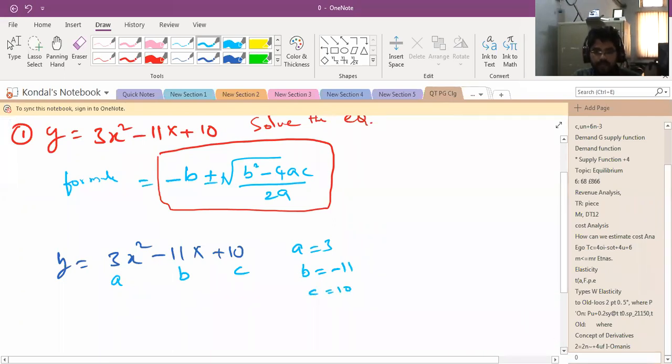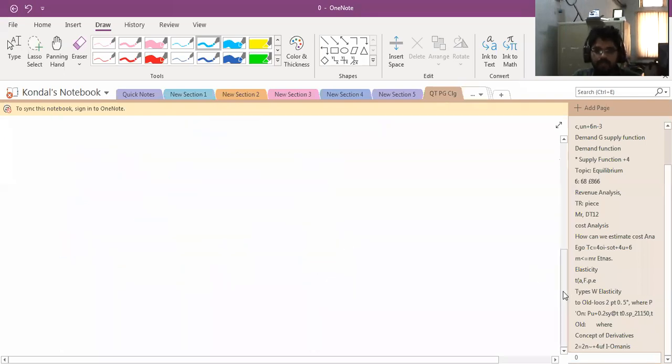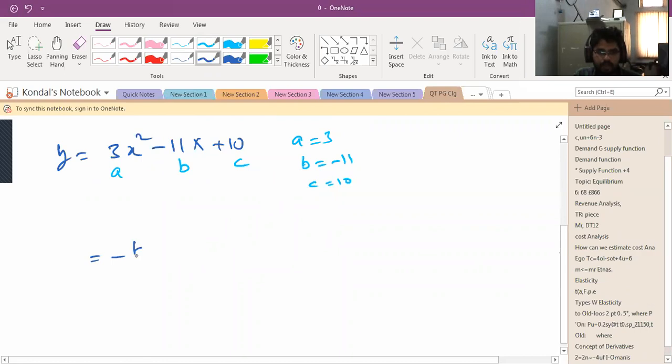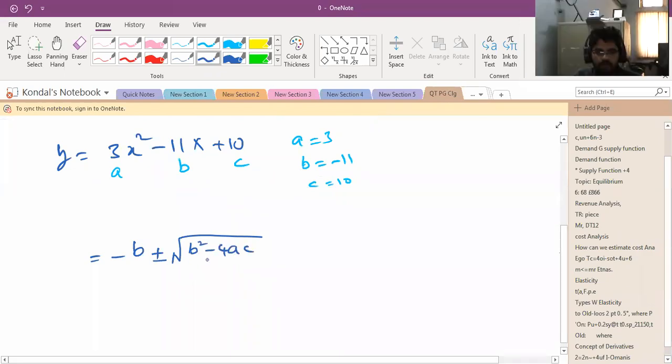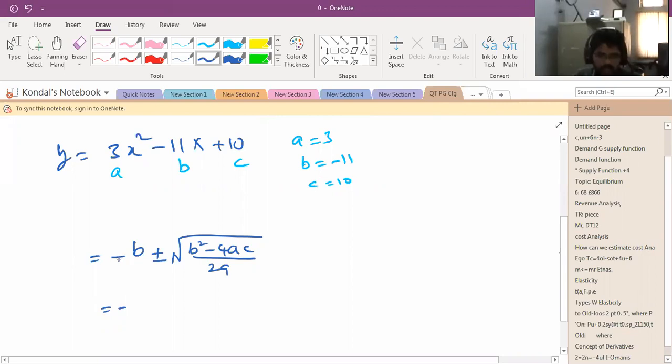So simple, I'm going to write the formula once again: minus b plus or minus under root b square minus 4ac, 4 into a into c, divided by 2a. Here the minus is as it is; in this formula there is a minus, so don't put only one minus.